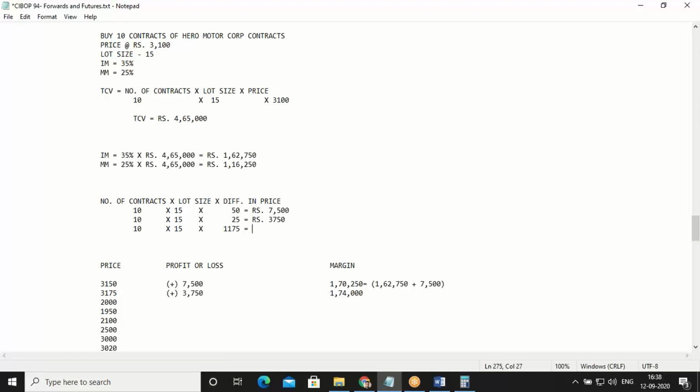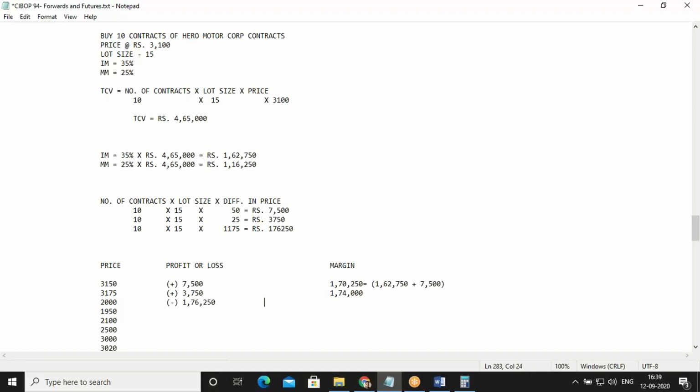So how much would that be in terms of rupees? 1,76,250. Okay, so now we all agree that this is a loss of 1,76,250.